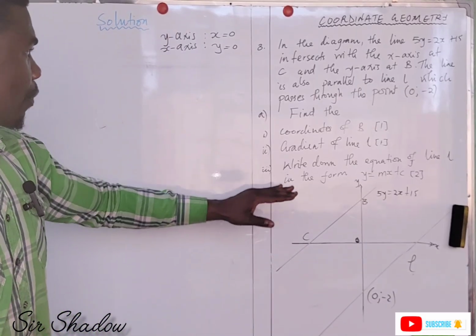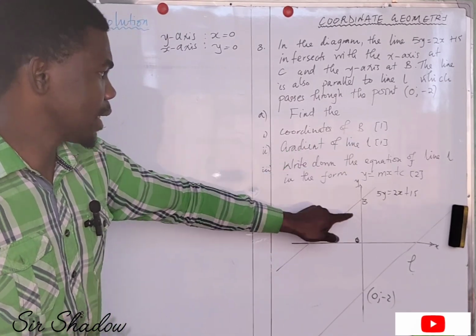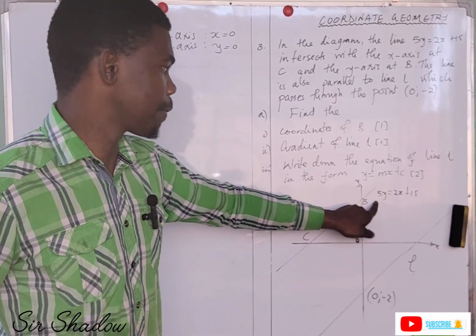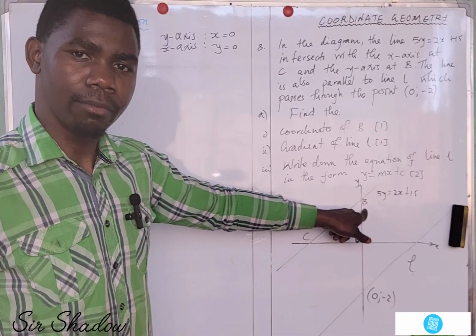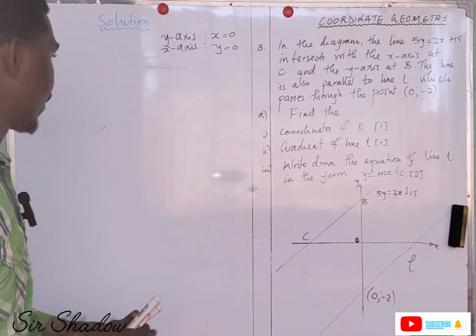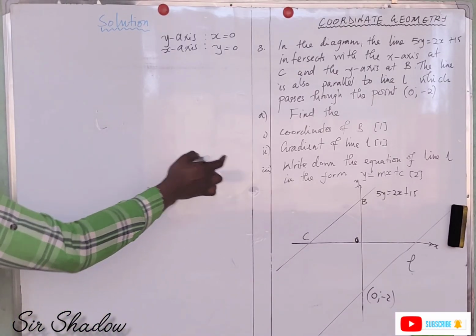All right. So we want to find the coordinates of B, where the line 5y equals 2x plus 15 cuts the y-axis at point B. Let's use the question we are given.